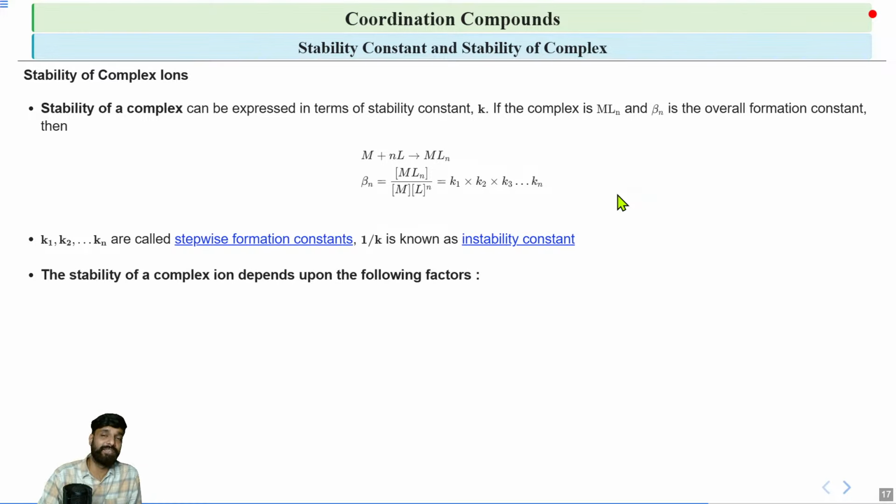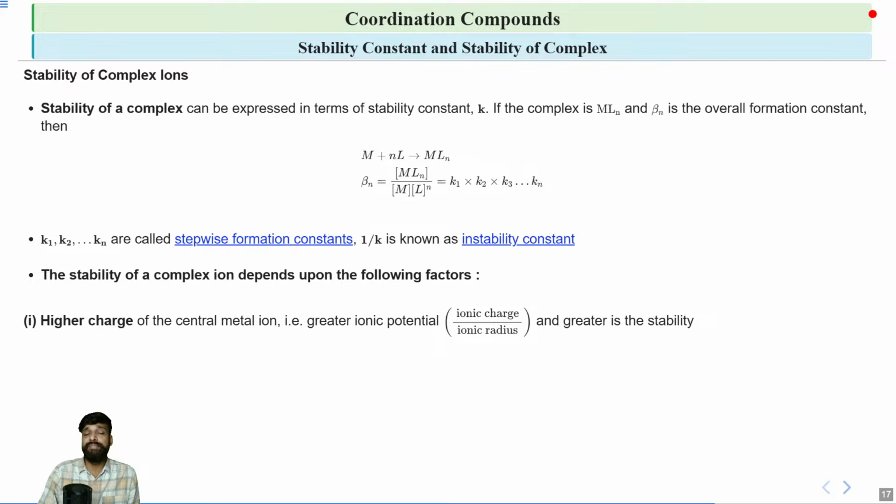Now, what are the factors on which stability depends? First of all, if your metal has a higher charge, it will form a very stable complex, because we know from crystal field theory that the overall interaction of the ligand and the metal is electrostatic.